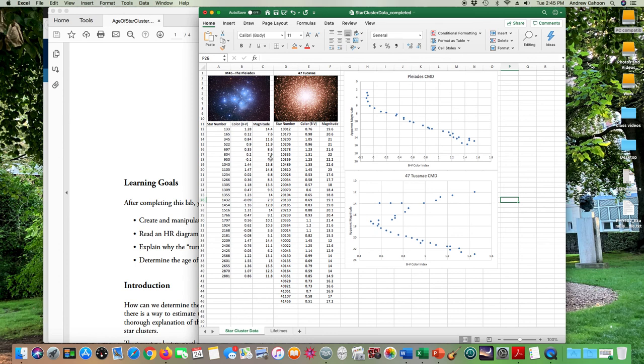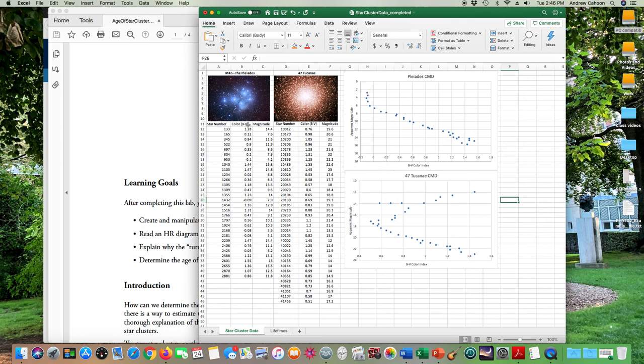When stars are in a cluster, they're all roughly the same distance from us. So their apparent brightness is sort of proportional to their absolute brightness, or what their luminosity would be. So our HR diagram is color index and apparent magnitude as stand-ins for temperature and luminosity.